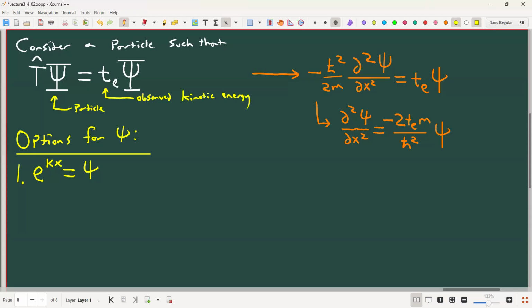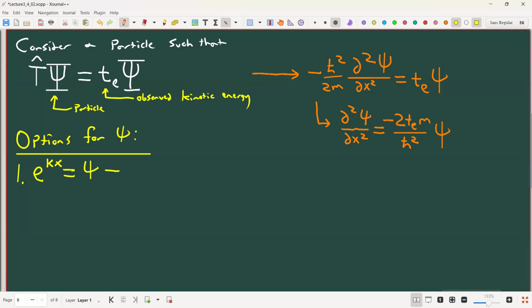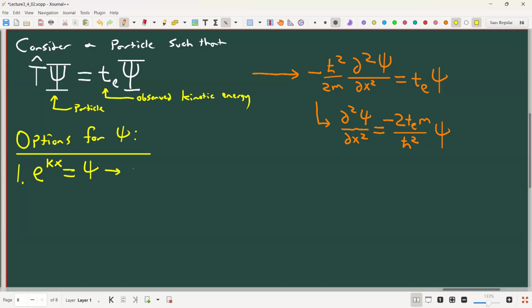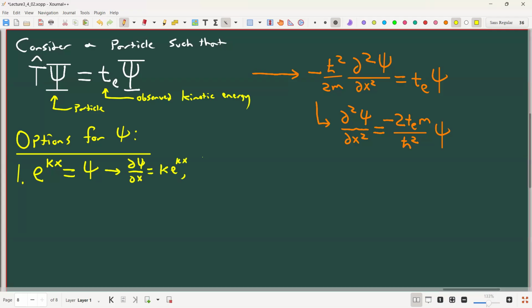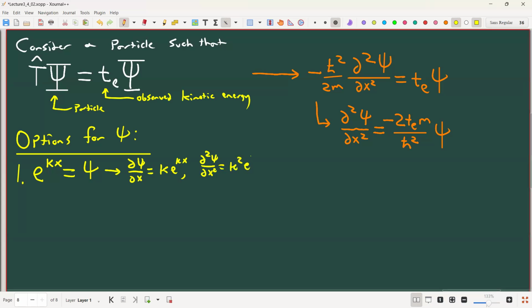We can solve what k is by taking some derivatives. The first derivative of psi is k e to the kx. And the second derivative is k squared e to the kx.